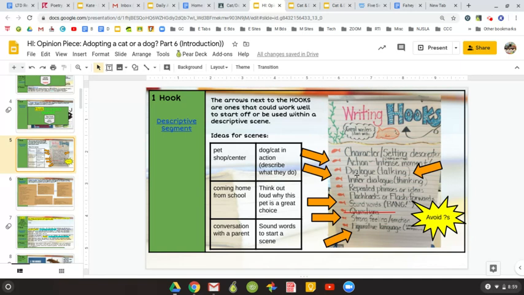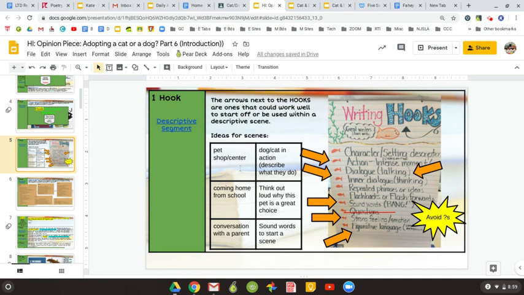So some suggestions for these writing hooks for a descriptive scene can be one in which you are describing the scene. Now, there's not really a character here, but it's more of a describing of the setting. And that's what a lot of kids have done in the past.